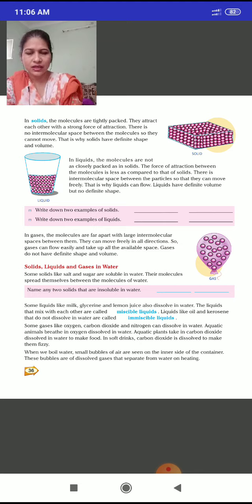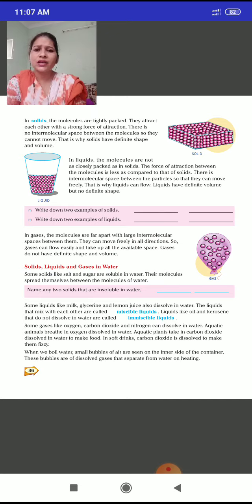In the glass, if you can see, that is water. In water, if we look at the molecules, there is some intramolecular space between two molecules. So the particles can move freely.